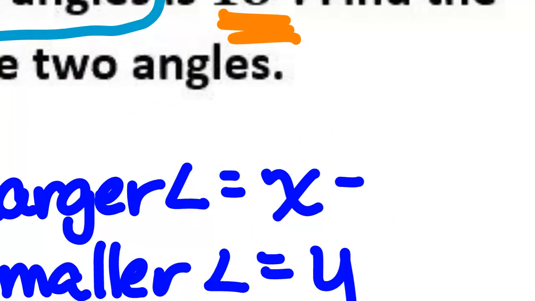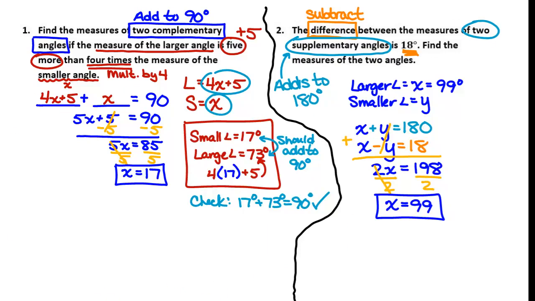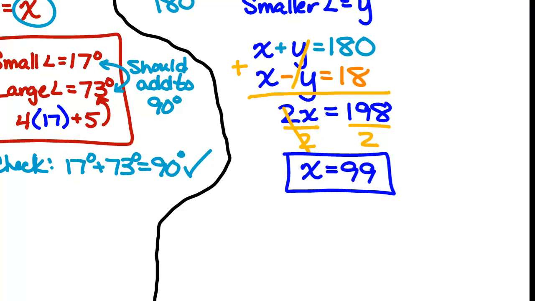X up here meant my larger angle, so my larger angle is 99 degrees. To find the smaller angle, I'm going to take this x, and I'm going to plug it into one of these two equations. Doesn't matter which one we use, we'll get the same answer either way. You guys okay if we use the top one?